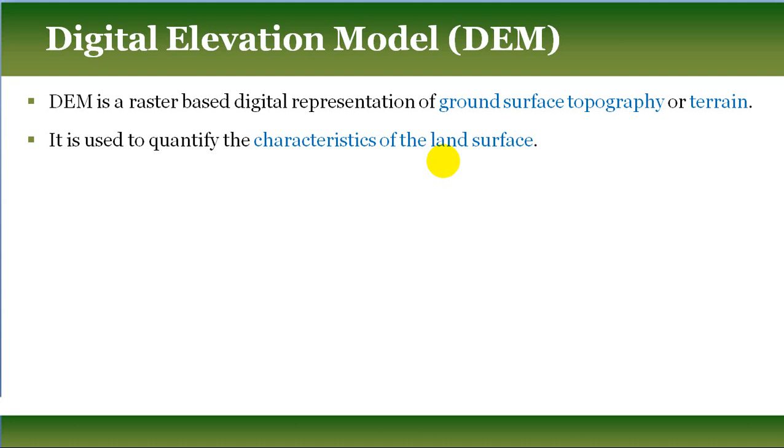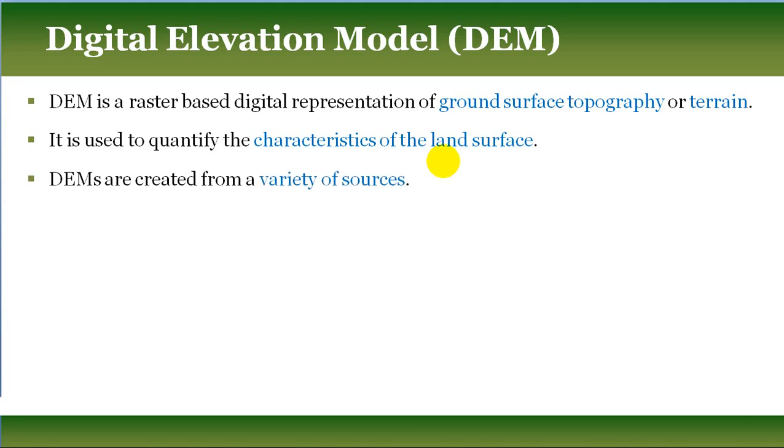By using DEM data, you can understand which areas have steeper slopes or which are valleys, low slope areas. What is the slope direction? What is the hill facing side? All such characteristics of the land surface are easily possible to extract from the DEM data.